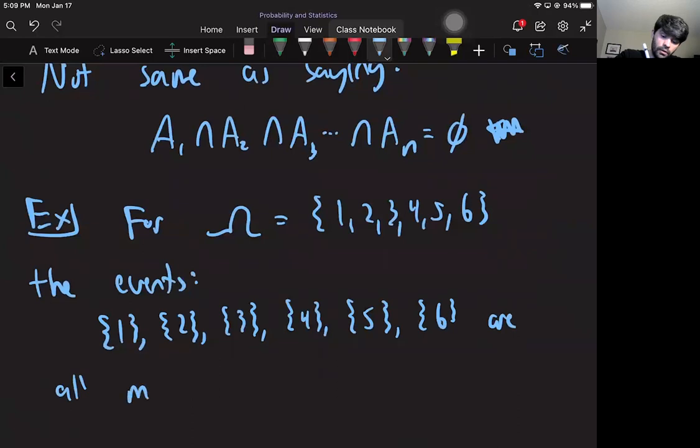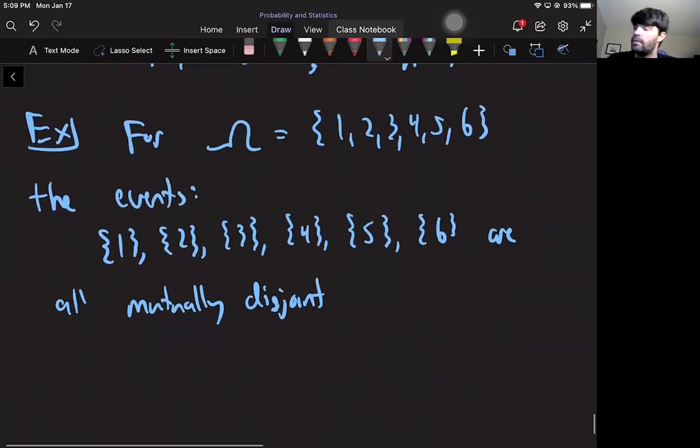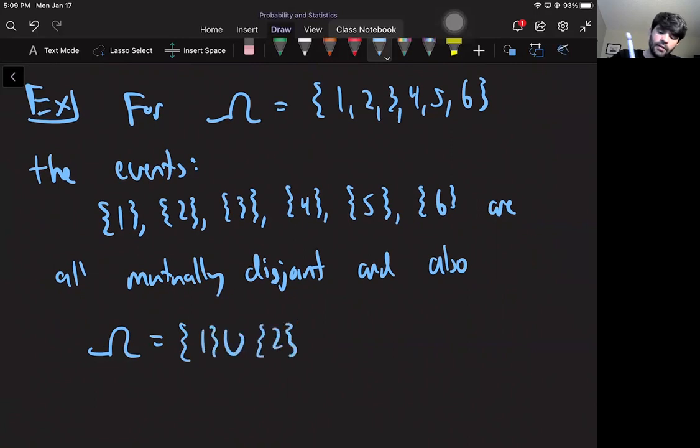They are all mutually disjoint. And this will happen for any sample space. If you take each individual outcome and put it in its own subset, making those events, they will all be mutually disjoint. Also, they represent the whole sample space if you glue it back together. If you union all of these, you get the whole sample space back.